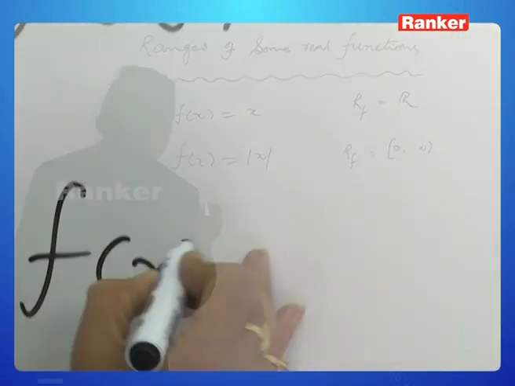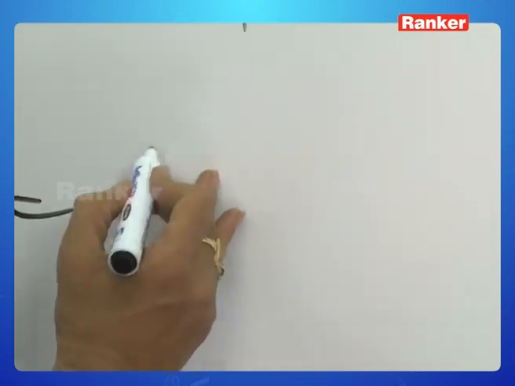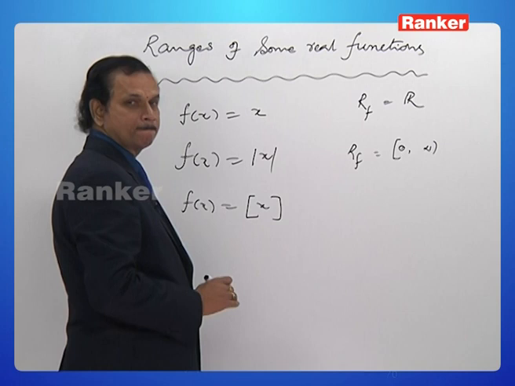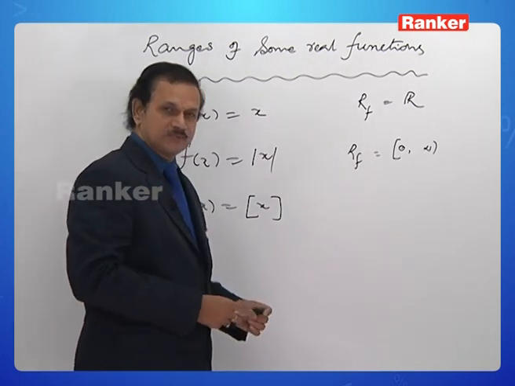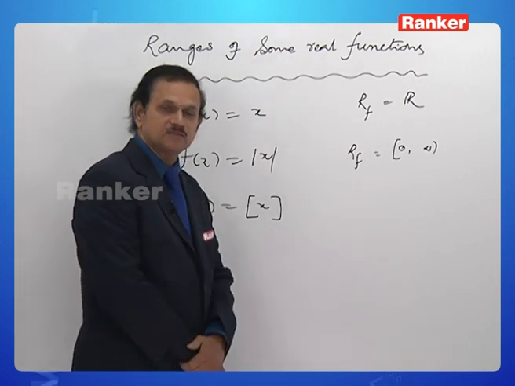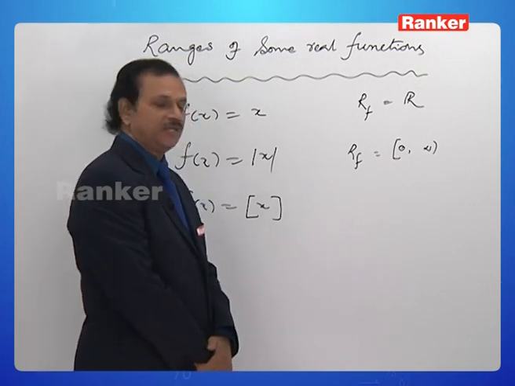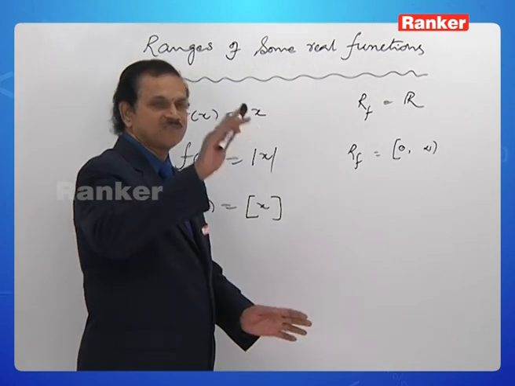Another, suppose f of x is equal to the integral part of x. Some students and some lecturers read it as step x. It is now and then called a step function, because if you draw the graph of this one, it looks like steps.